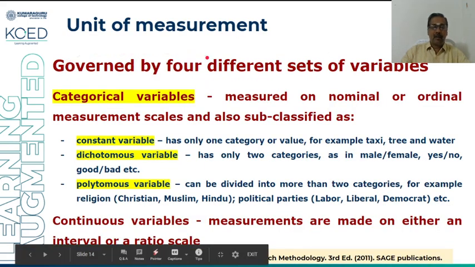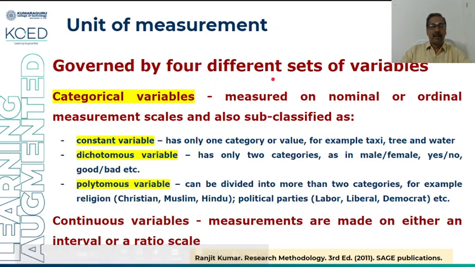And the last one is unit of measurement. This is governed by four different sets of variables, namely categorical variables, continuous variables, qualitative variables, and quantitative variables. Categorical variables means measured on nominal or ordinal measurement scales. Again, it is subclassified into three types: constant, dichotomous, and polytomous.